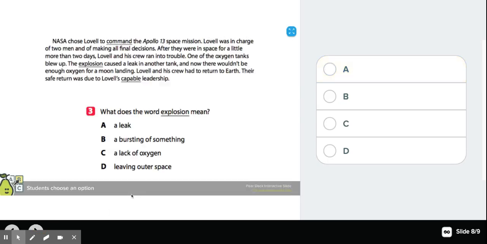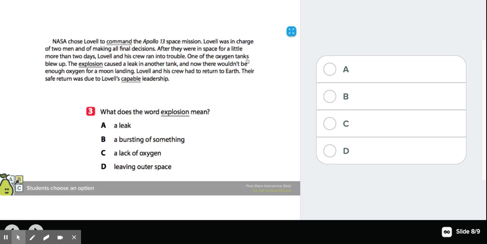Number 3, what does the word explosion mean? Well, let's look at that sentence. The explosion caused a leak in another tank, and now there wouldn't be enough oxygen for a moon landing. Let's go ahead and read the sentence before that.